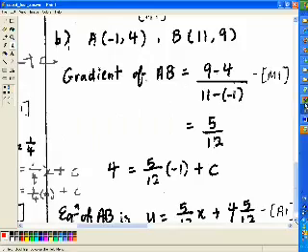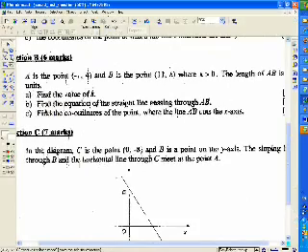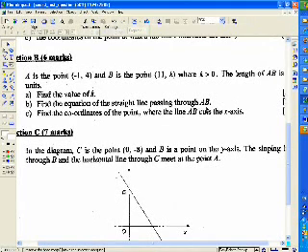Okay, now we go on to 3b. Find the equation of the straight line passing through AB. Same thing. What are we given here? We are given 2 points. If you are given 2 points, what do you need to do in order to find the equation? I mentioned before, the first thing you need to know is the gradient.